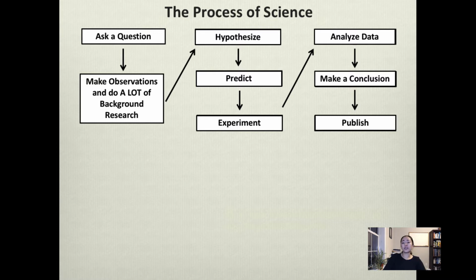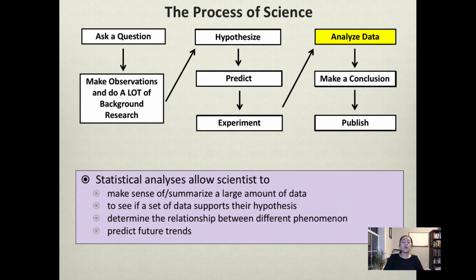After you design your experiment and you collect all this data, then you have to analyze your data. When scientists analyze data, they typically use statistical analyses to analyze that data. And I'm not going to get into details about statistical tests in this video. However, I do want to talk about the importance of statistical analyses.